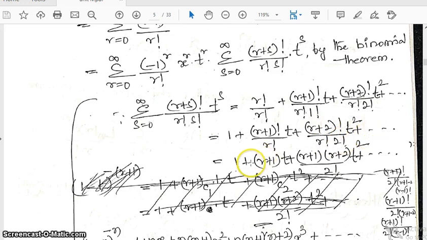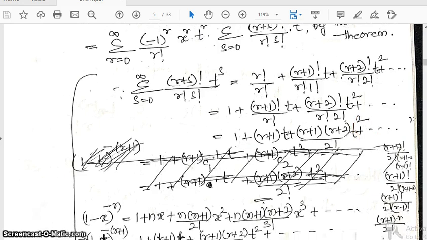That is 1 plus, this r plus 1 factorial can be written as r plus 1 into r factorial, so that r factorial gets cancelled. So you will remain with only r plus 1 into t plus, similarly this r plus 2 factorial can be written as r plus 2 into r plus 1 into r factorial. So r factorial gets cancelled, then the term is r plus 1 into r plus 2 by 2 factorial into t square plus so on.